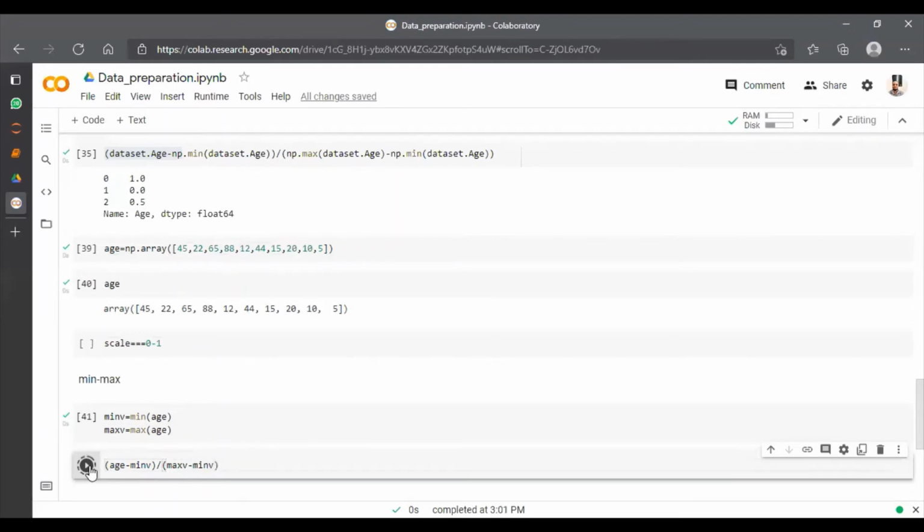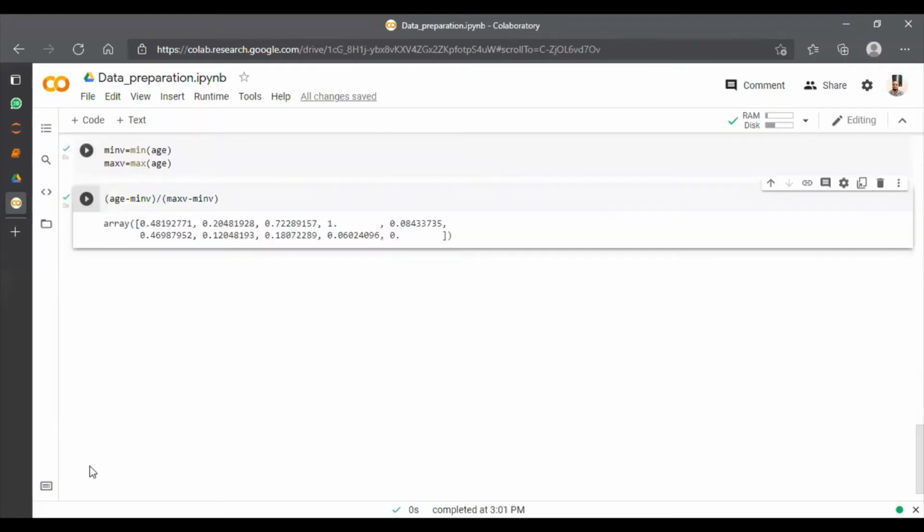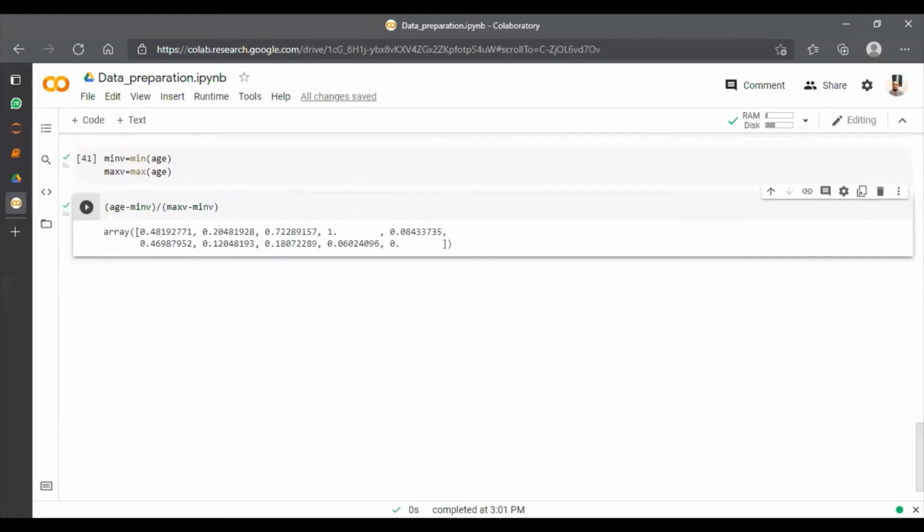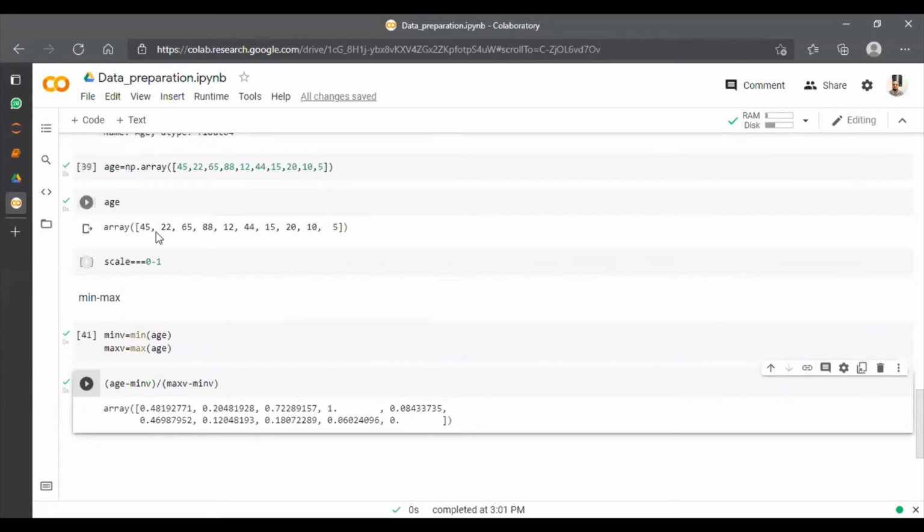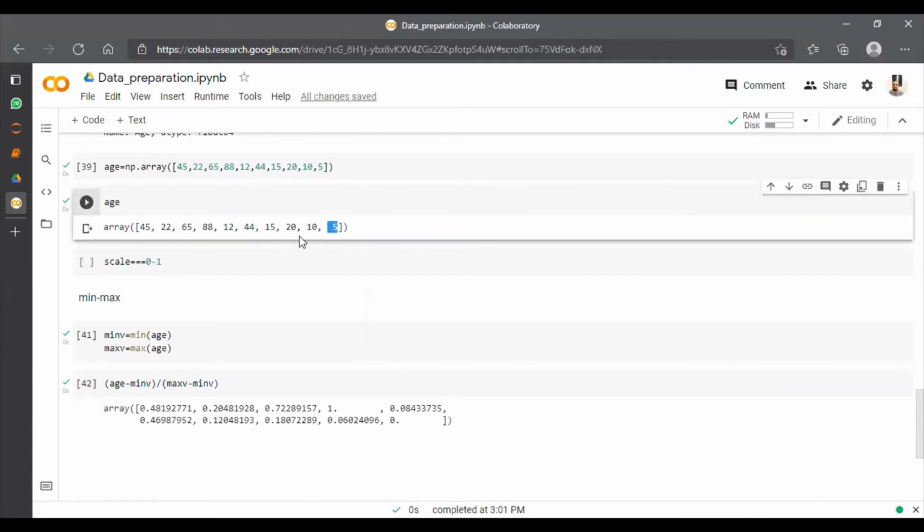This is going to rescale it into a range of 0 to 1. So look at the scale now. The one that has 0 is the least, while the highest value is 88, which is the one at the third index: 0, 1, 2, 3. You see that it has a scale value of 1.0. Do you understand that?